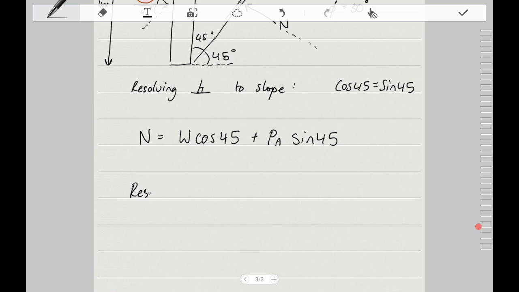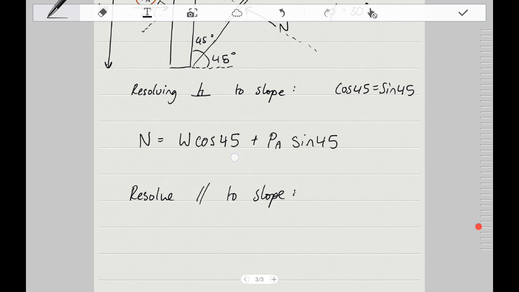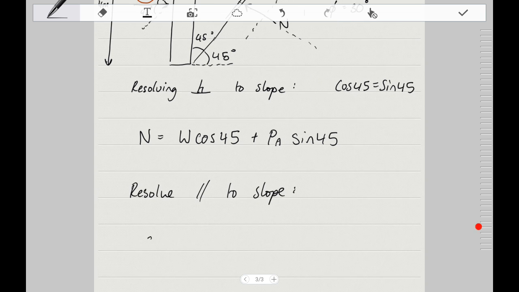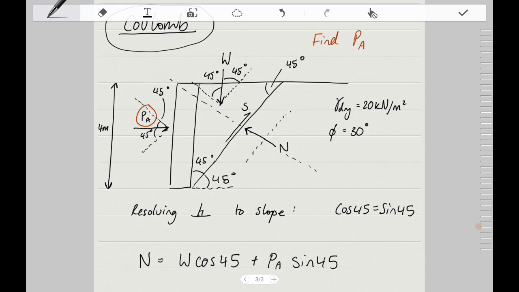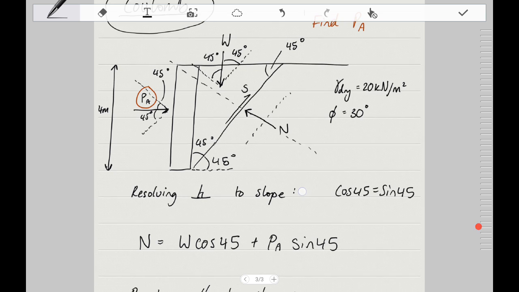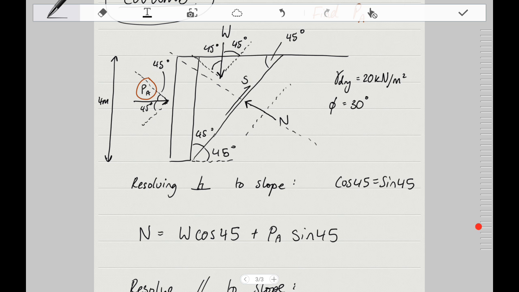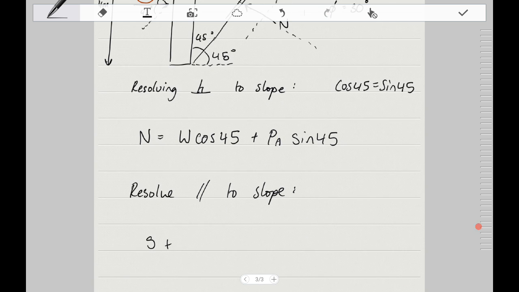So let's resolve parallel to the slope. We're basically looking at S traveling up that axis, so we'll say S. Is anything traveling down? Anything else traveling up? Yes, we also have P, so I can do plus PA cos 45.